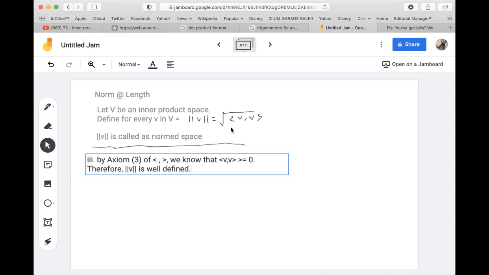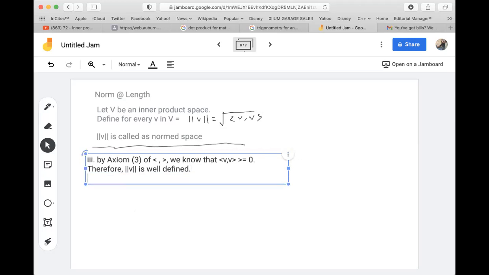So the square root will only give you a real value if it is greater or equal to 0. Okay with that?